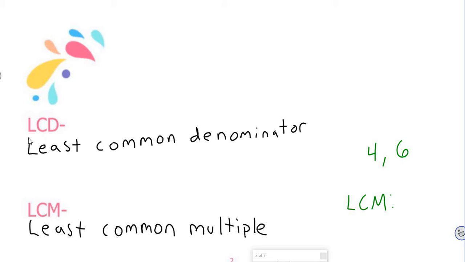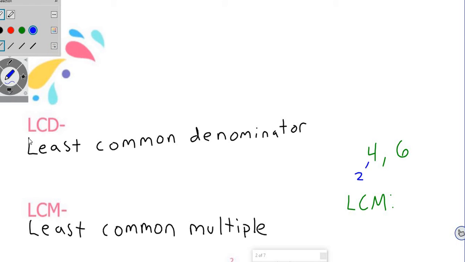What would we have to look at? The factors, okay? So what are my factors of 4? 2 and 2. What are my factors of 6? 2 and 3.